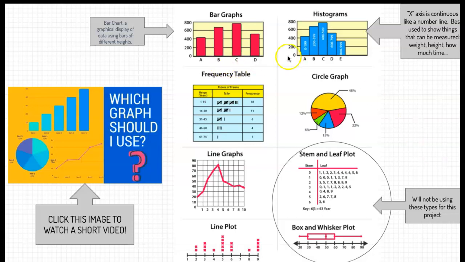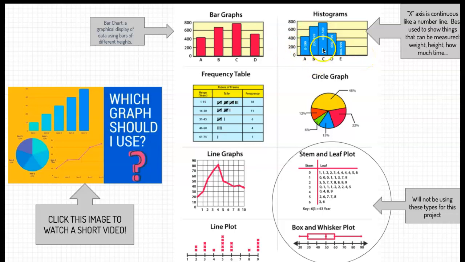It's important to understand the difference between bar graphs and histograms. They look very similar, but you'll notice with histograms, the bars are right next to one another, and that is because the x-axis on a histogram is continuous, meaning that it is like a number line. It is intervals on a number line.